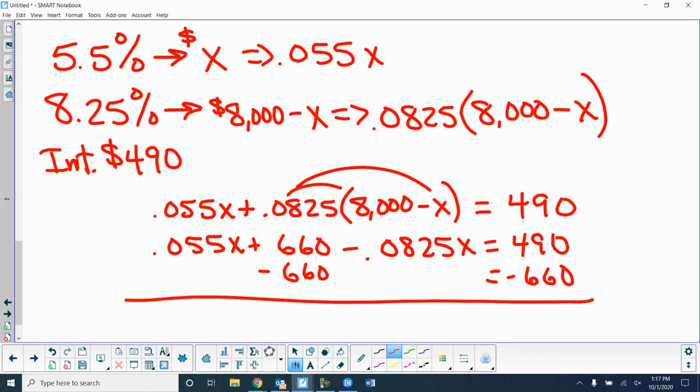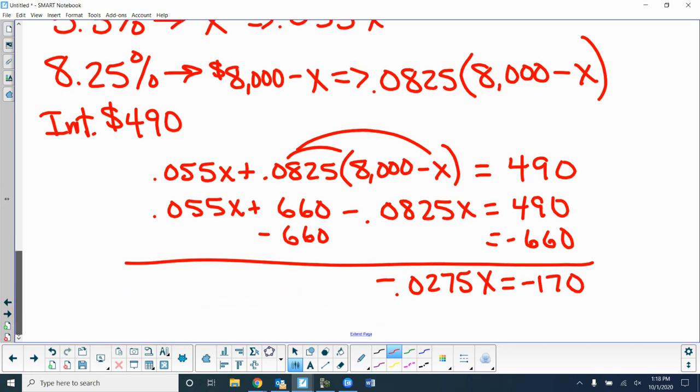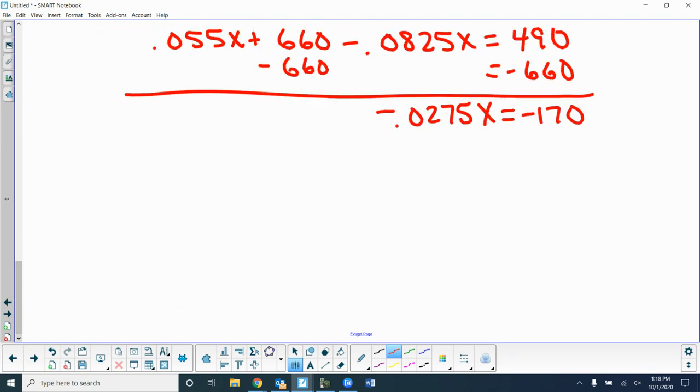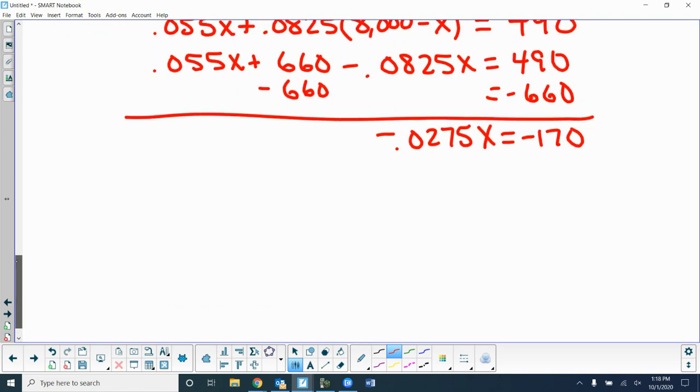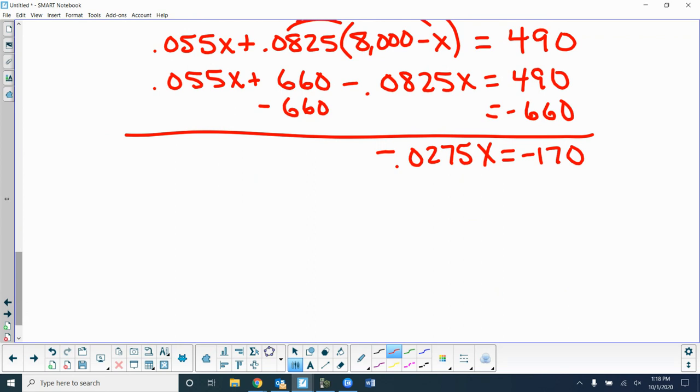So 0.055x minus 0.0825x is negative 0.0275x. 490 minus 660 is a negative 170. Now I'll divide by that negative 0.0275.